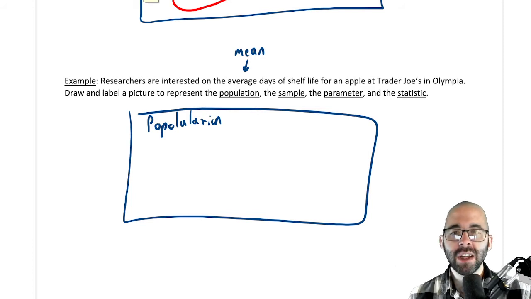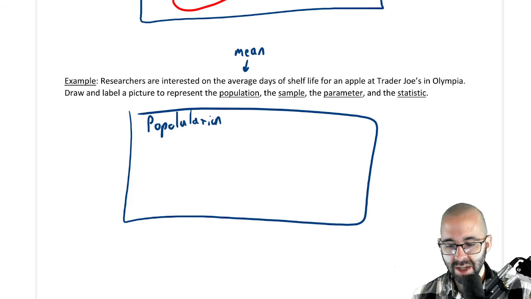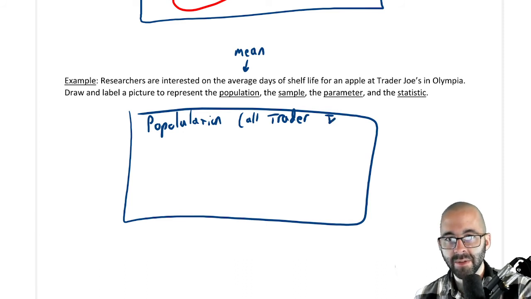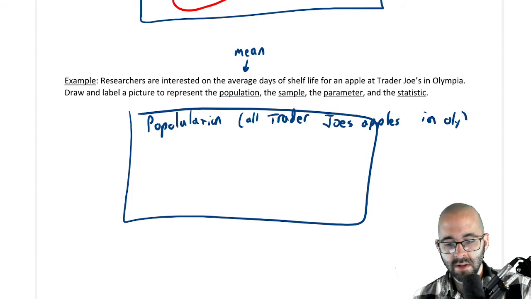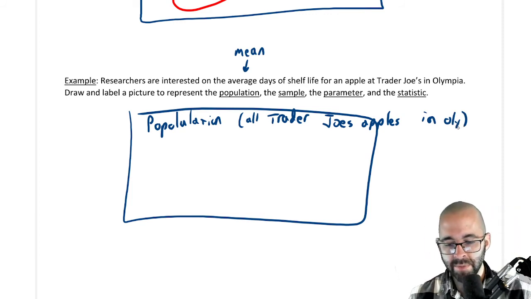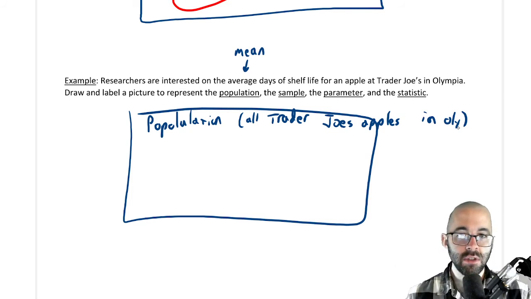We want to be measuring all the apples at Trader Joe's in Olympia. So all Trader Joe's apples in Olympia. And who knows? That would be the parameter. That would be the true average, mu.